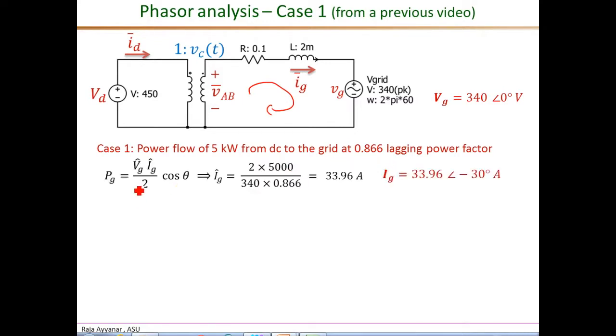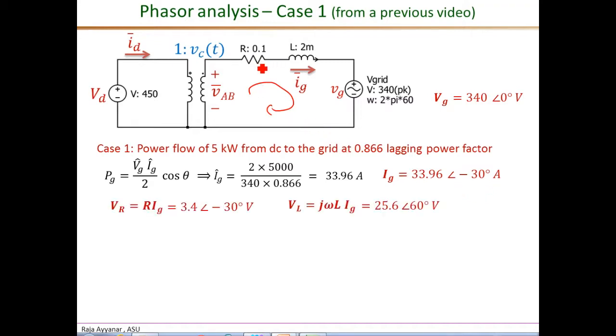The power in a single phase is given by this expression, Vg peak times Ig peak over 2 times the power factor cosine theta, and from that the current comes out to be 33.96 amperes peak. Given that the current lags by 30 degrees, the complete phasor for the grid current is 33.96 angle minus 30 degrees.